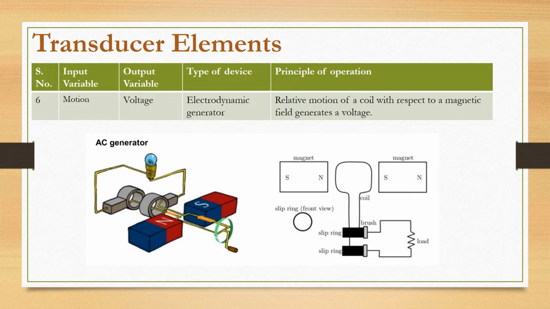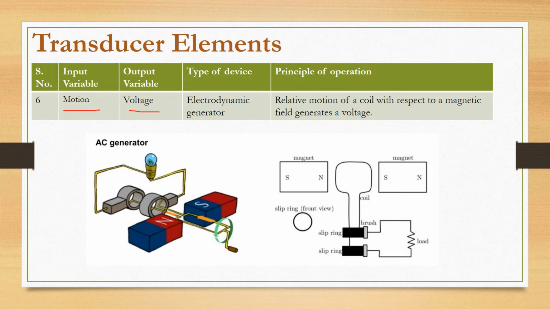So our next transducer element is the electrodynamic generator. This device converts the input variable, which is motion, into voltage. The principle of a generator you have been reading since your school days.